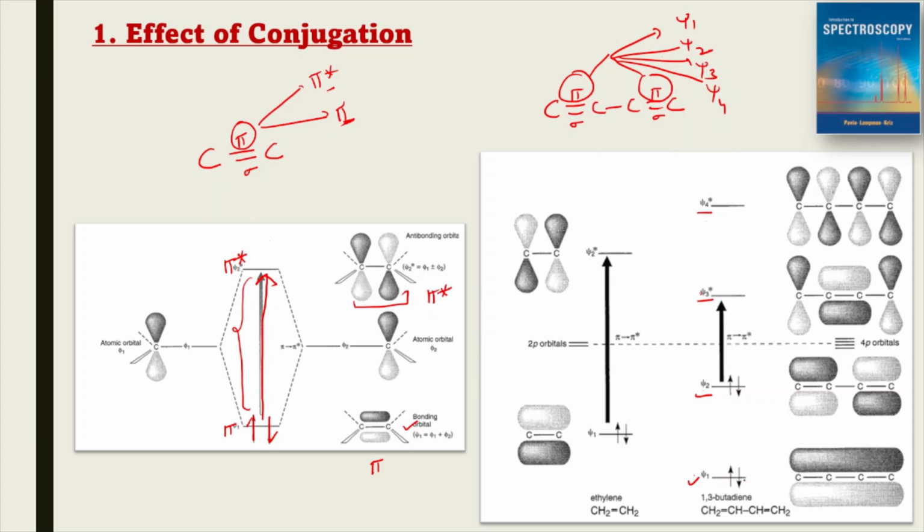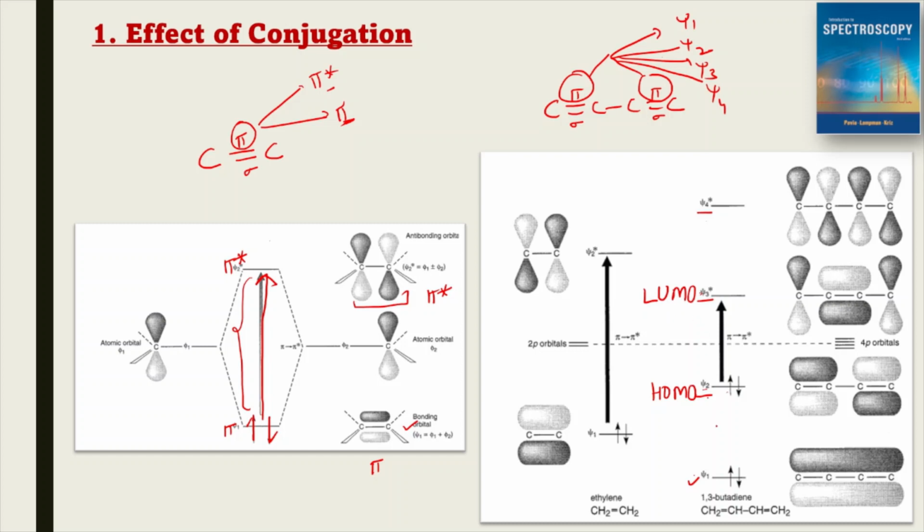Now, if we fill the electrons, then in the bonding orbitals, this is the highest occupied molecular orbital, and in the antibonding, this is the lowest unoccupied molecular orbital.